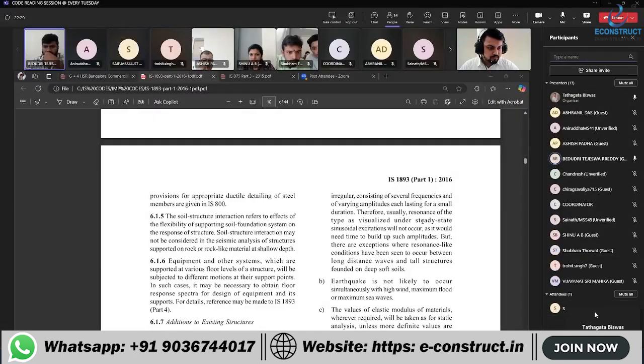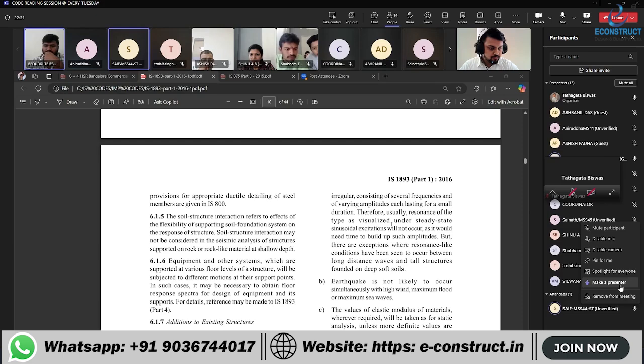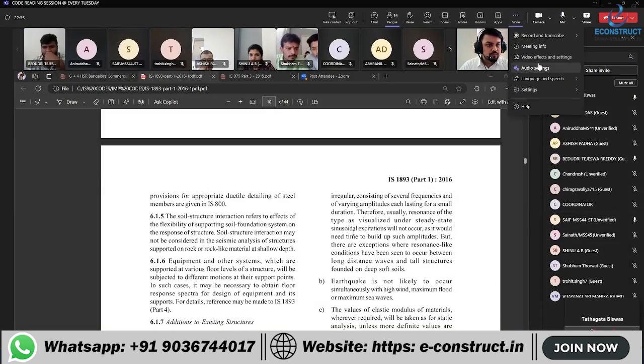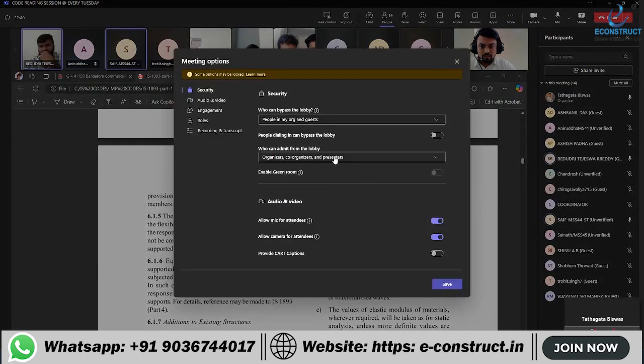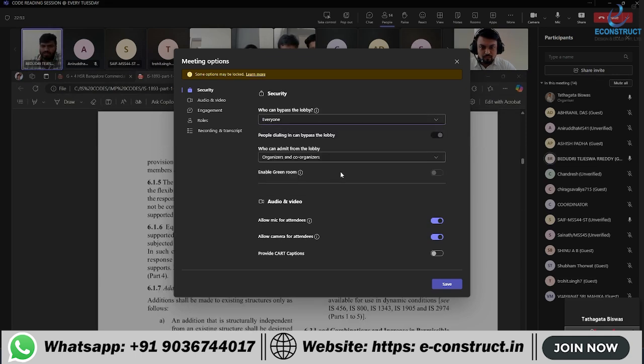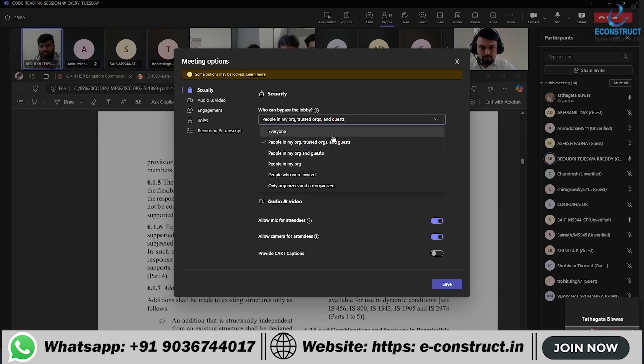Therefore, usually resonance of the type as visualized under steady-state simple harmonic excitations will not occur, as it would need time to build up such amplitudes. But there are exceptions where resonance-like conditions have been seen to occur between long distance waves and tall structures founded on deep soft soils.